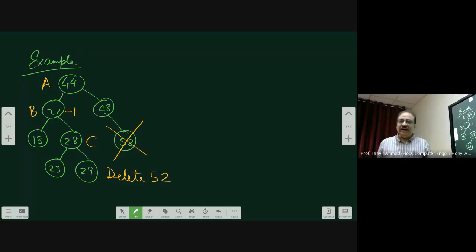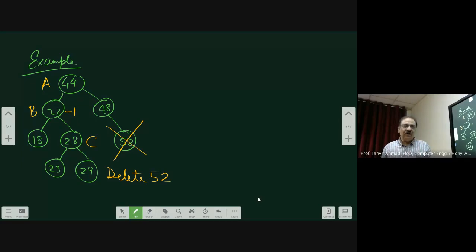You are deleting in the right side, therefore, the rotation is R, because deletion is being done in the right side of the node which has a balance factor of 2.